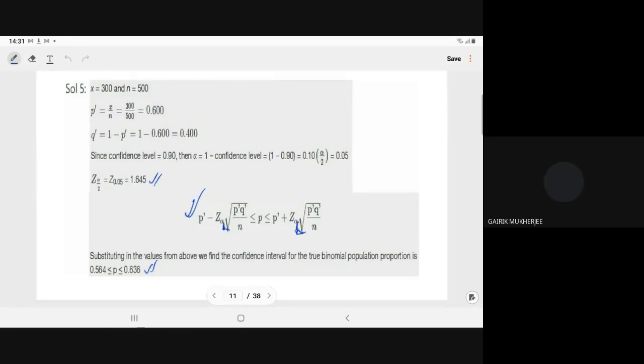Sir, there was a formula, na? A very big formula, P equal to P tilde plus minus Z alpha by 2 and then under root P into 1 minus P. So what formula was that, sir? That is this only, na, you are telling. Q dash is 1 minus p dash.